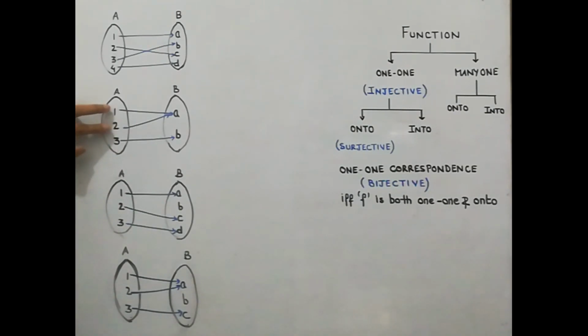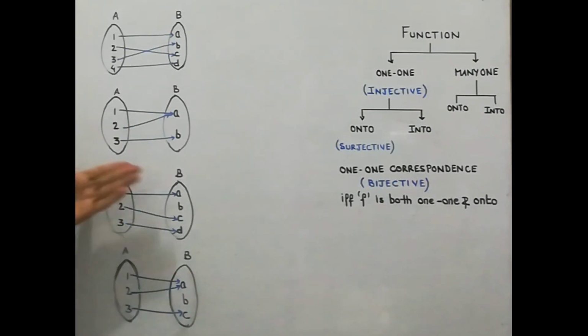Okay, now let us see what this represents. In this you can see two elements are having the same image. So this is called a many-one function. Now let us see this one. Different elements of set A are having different images in set B. So again this is one-one.